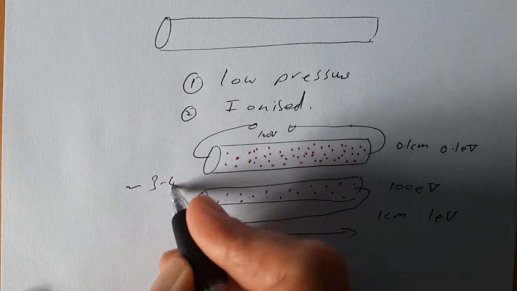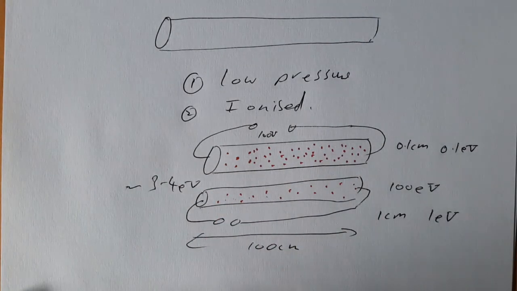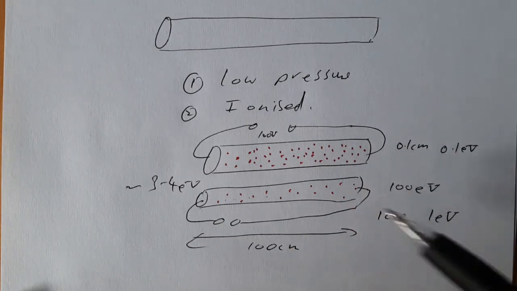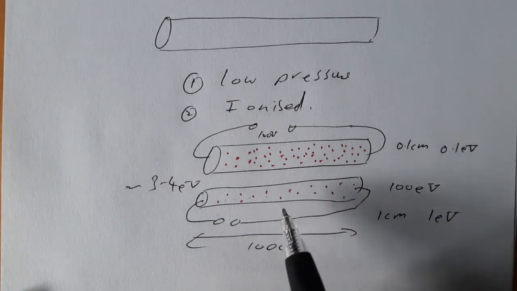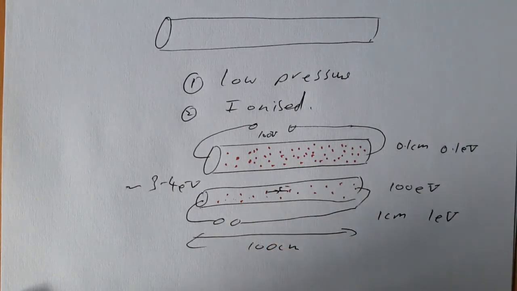We would need 3 or 4 electron volts. So we'd either need more voltage or even lower pressure. But the key concept is we don't need the numbers. The lower the pressure of the gas, the greater the distance the electron travels between collisions with the mercury vapor atoms, and the further it travels between collisions, the more energy it will have.